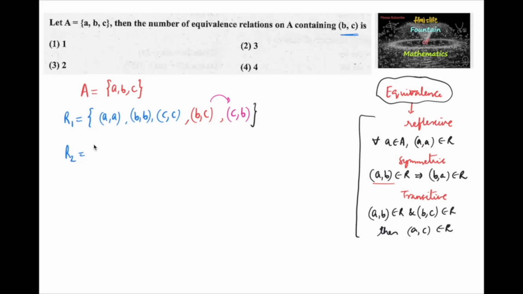R2 is equal to, again we'll write the same A comma A, B comma B and C comma C, and also to be included B comma C. If B comma C is included, then C comma B should be included. Along with this, we can consider one more ordered pair. Let us consider A comma B to be taken. If A comma B is taken, then for the symmetric condition, B comma A must be there.